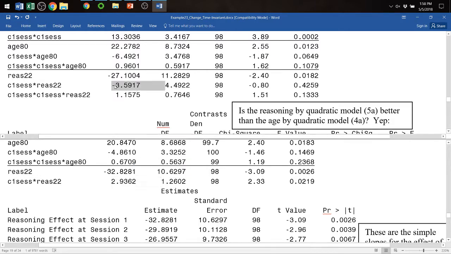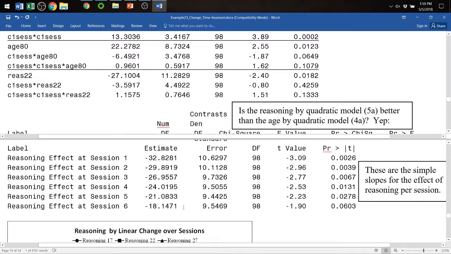So if you were to create the average effect of reasoning across all of these things, it would become something like this. Look at the standard error. It goes from 4 to 1. So the terms in your model that refer to the end or the beginning of time are always going to be less well estimated than the terms that refer to the middle.